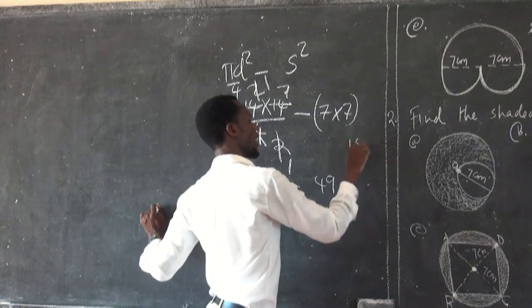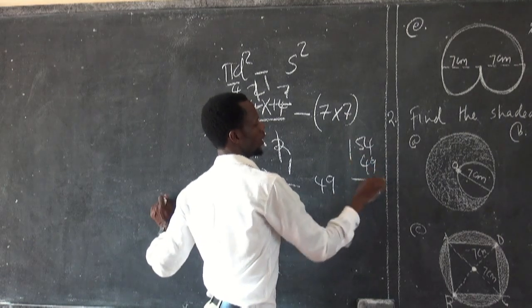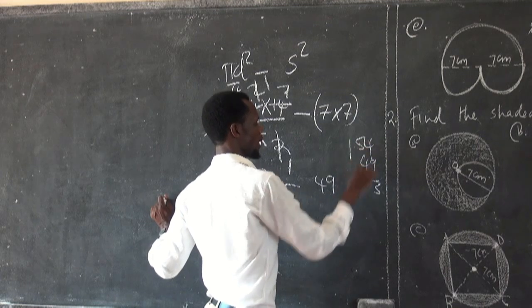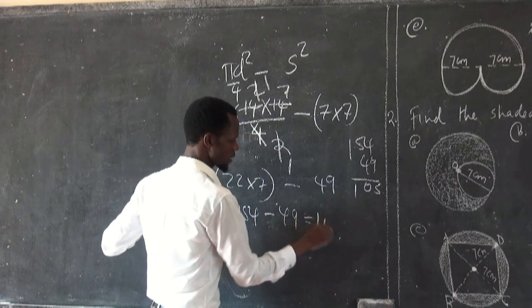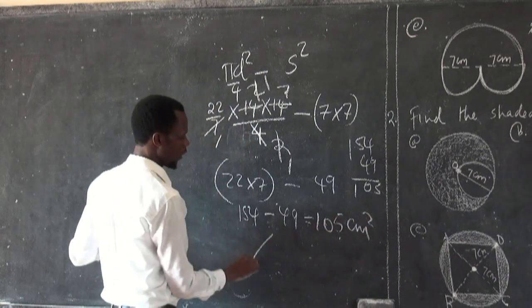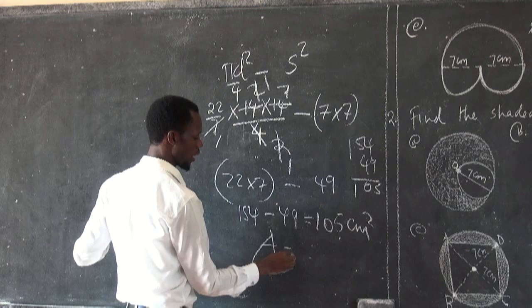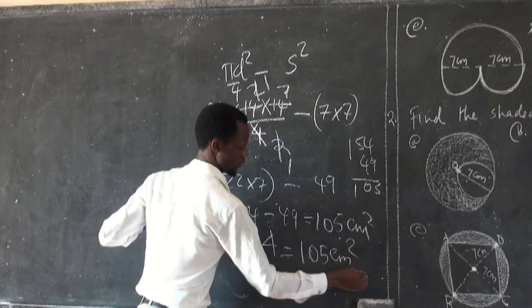Now 154 minus 49, here it is 5, then 14 minus 4, 10. The answer is 105 centimeters squared. Now the area of the shaded part is equal to 105 centimeters squared.